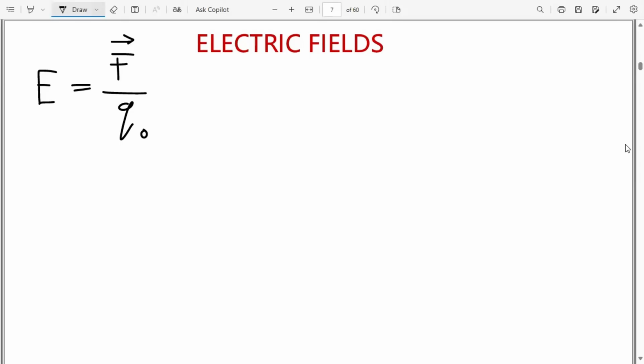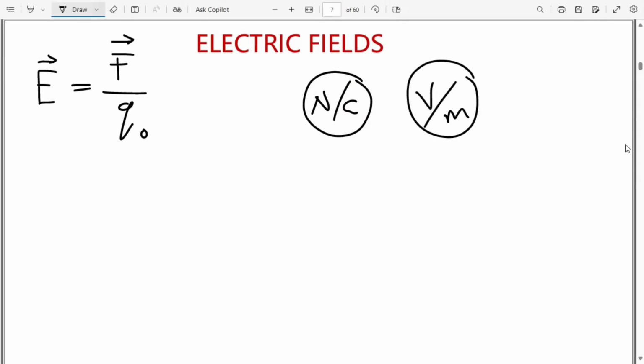F is the electrostatic force, and since that is a vector, our electric field is also a vector. The SI unit for electric field is newtons per coulomb, or volts per meter, depending on the units you are using. E is the electric field strength, F is the electrostatic force on a charge in newtons, and Q is the charge.